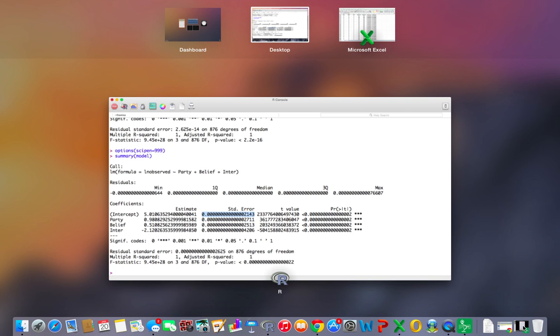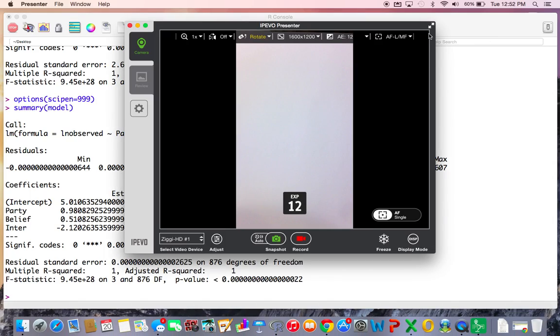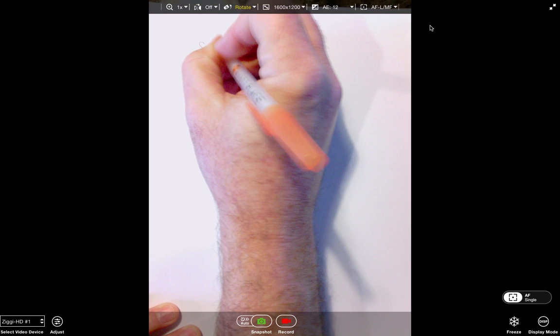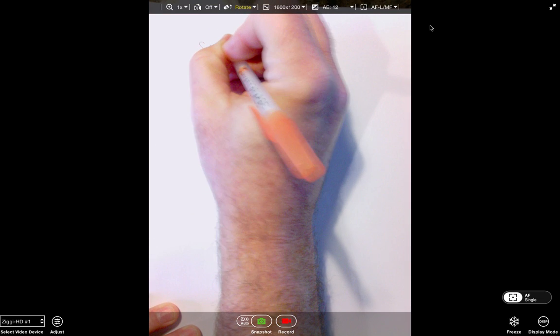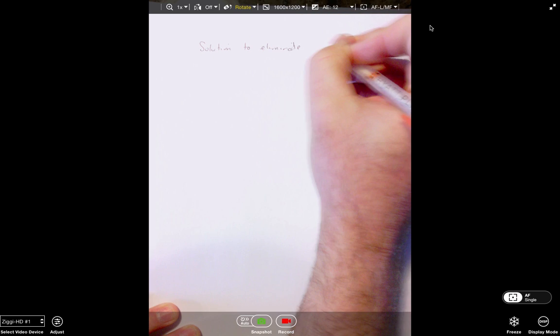So let's go back to this, if I can get this working okay. And it's collapsed on me. Guys, I've got to get that fixed because that's going to drive me insane before the end of the term. So what do you think we'll do? Well, the solution is to eliminate the interaction.